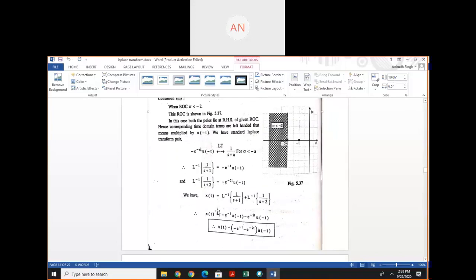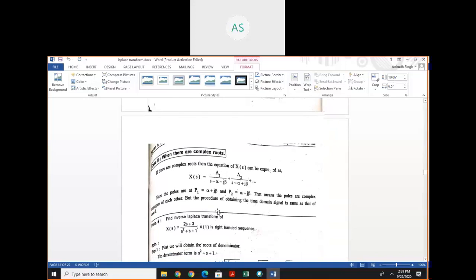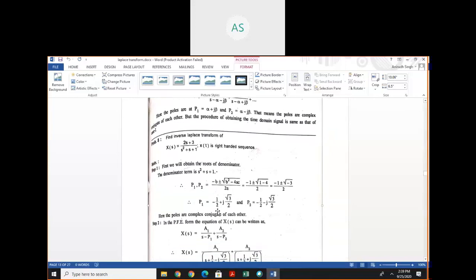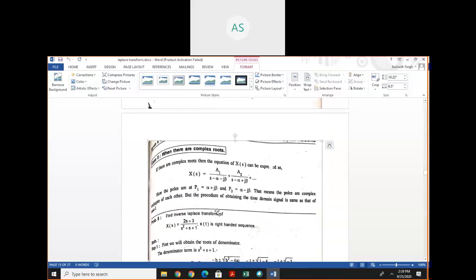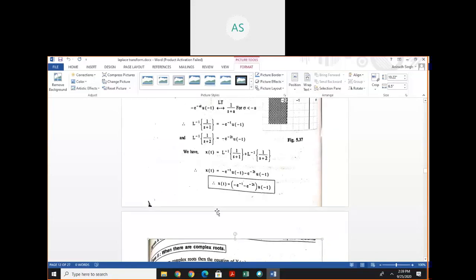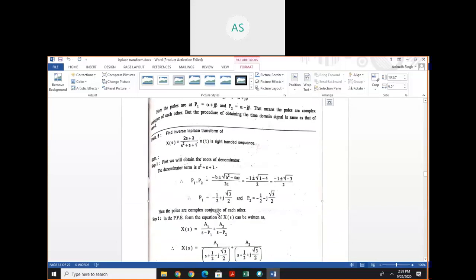Third case, when ROC is less than minus 2. This is the position of ROC. And in this case, both poles lie to the right hand side of ROC. So both signals are multiplied by u of minus t, and we take the standard Laplace transform for this signal.